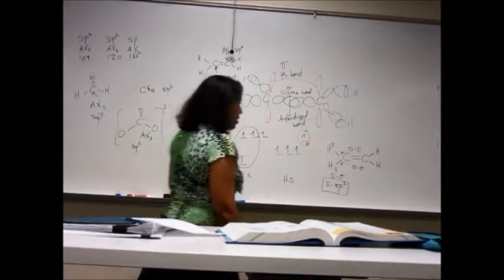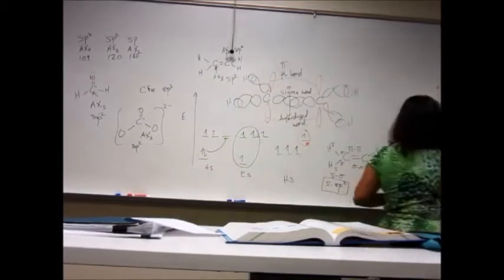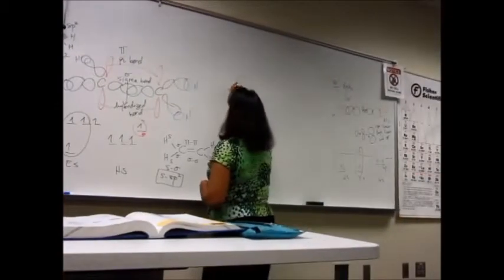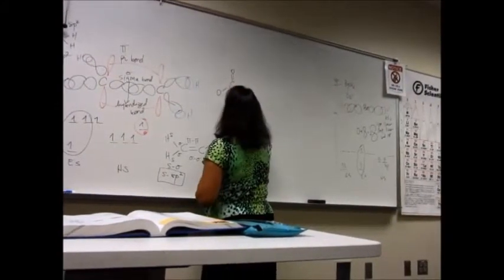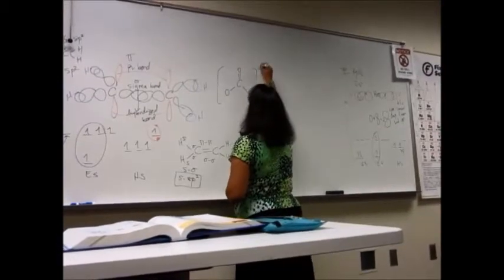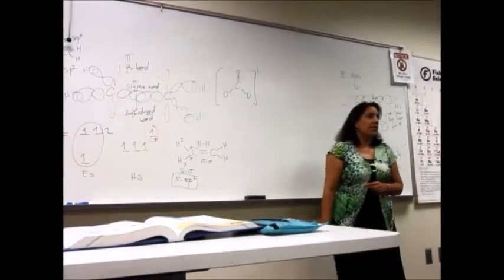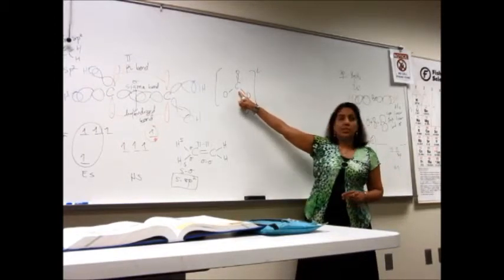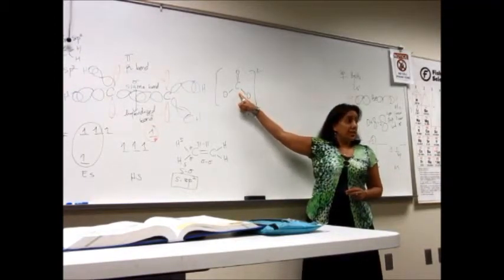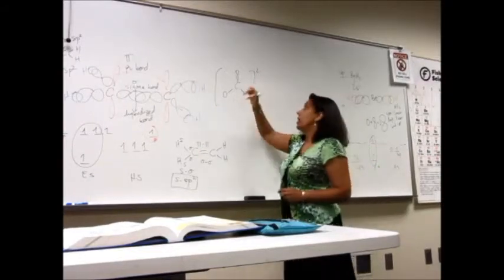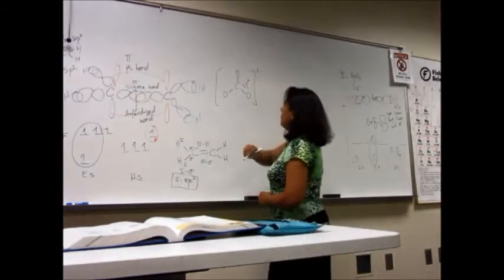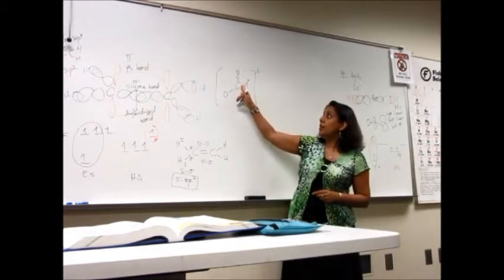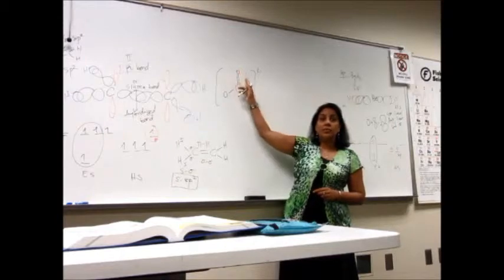So now let's look at the carbonate ion again. Hybridization on this carbon is SP2. So this is sp2. The overlap between carbon and this oxygen is sp2.